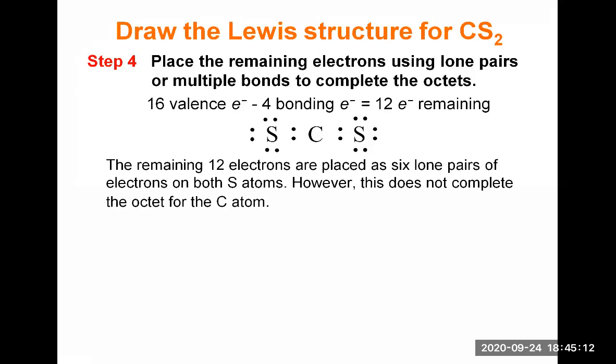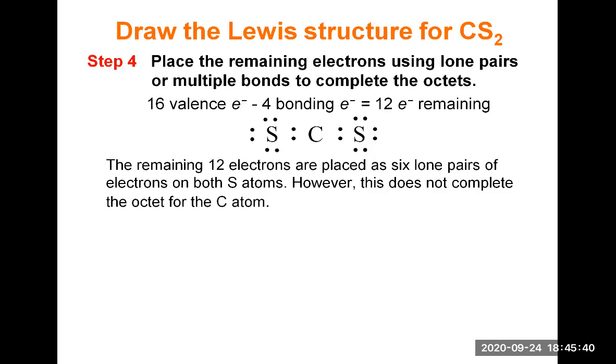However, this does not complete the octet for the carbon. You see that carbon is surrounded by only 4 electrons. But we cannot bring more electrons because we've used them all. If you look at the structures, we have 8 and 8 is 16 total. So you cannot bring more electrons. And so when you have this problem of having the central atom not being satisfied, you need to share lone pairs.